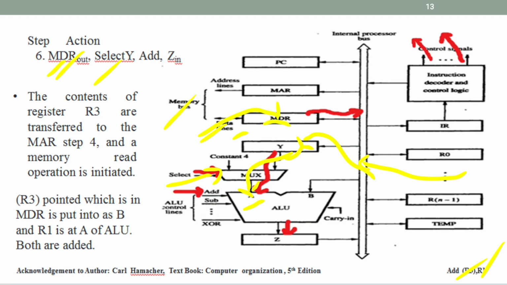This MDR out will send it to the processor internal bus, and that will naturally be available at the B input of the ALU. This is how we have R1 at the A input of the ALU and the content of the memory location pointed to by R3 at the B input of the ALU. Then the add signal is given, and it will add both. Z in will take that result into Z. So this is what is accomplished in step number 6 of the control sequence.